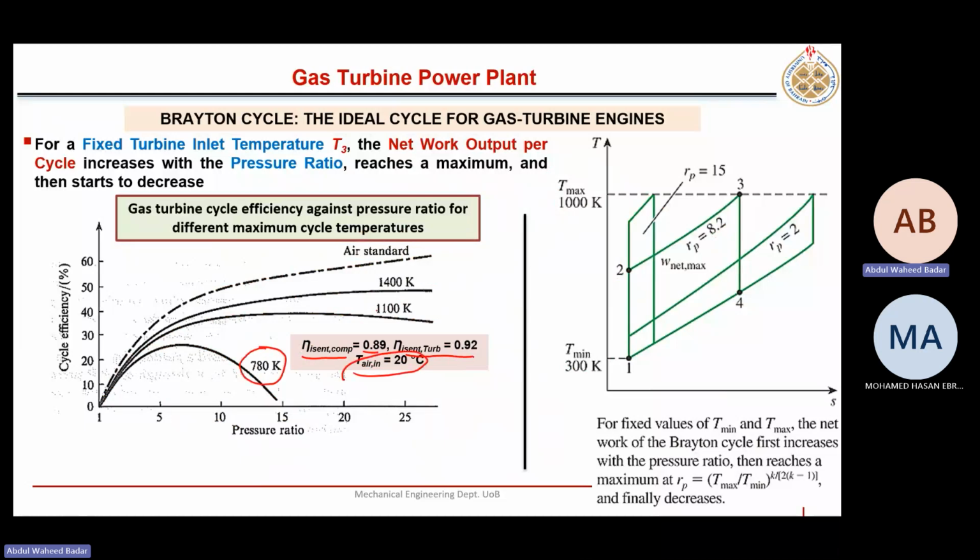Just by varying T3 and pressure ratio, these are the curves which we get. And for this curve, you may take isentropic efficiency, but no fixed T3.